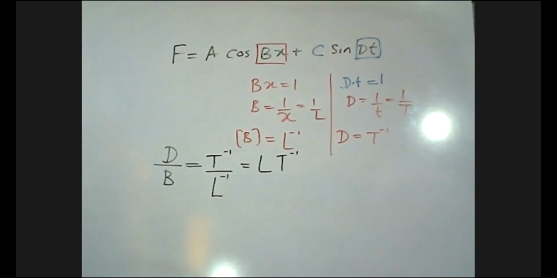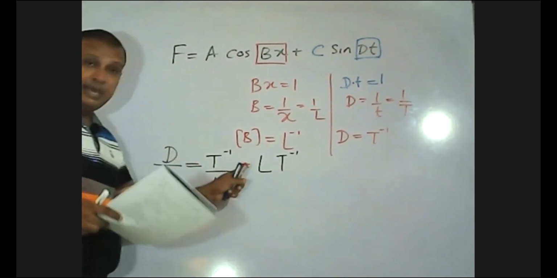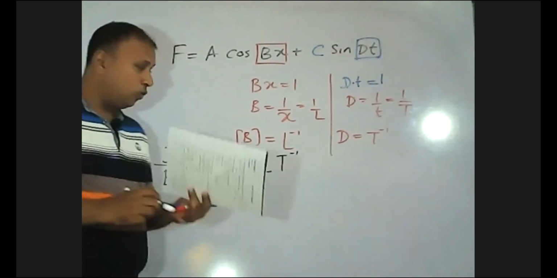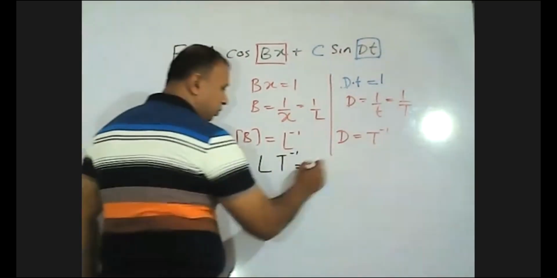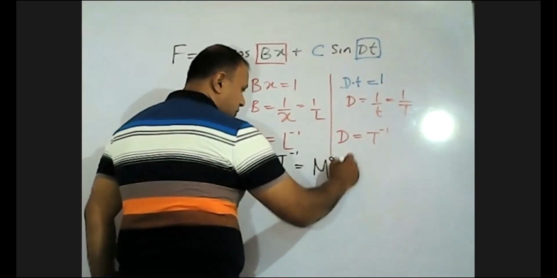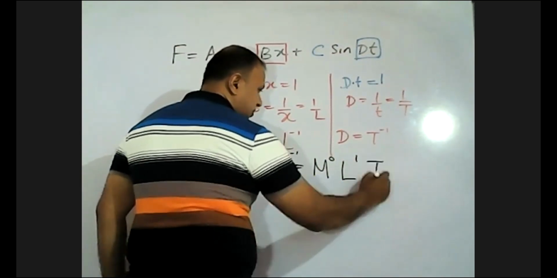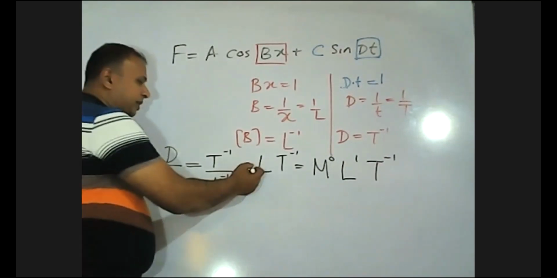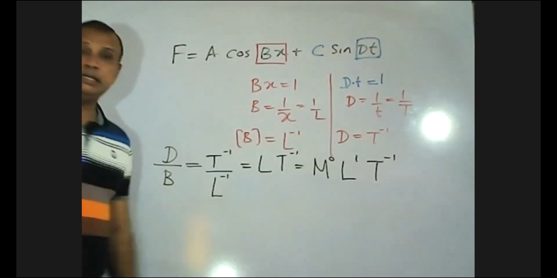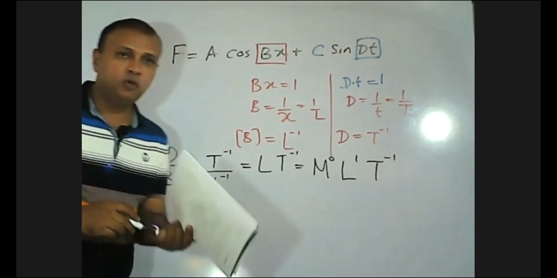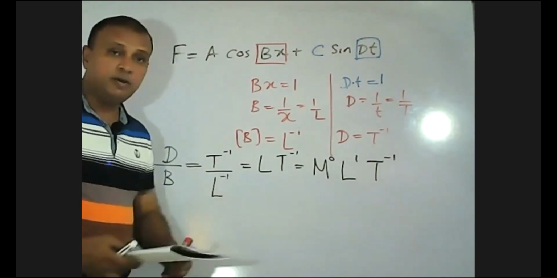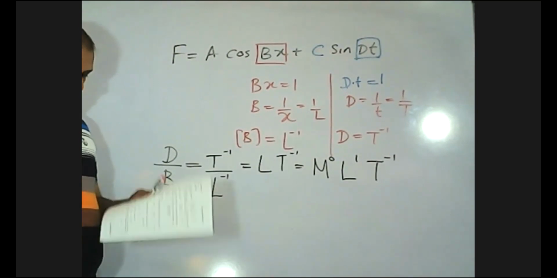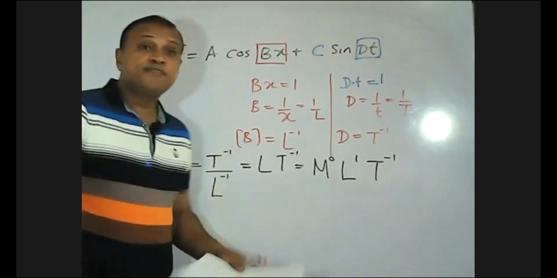There is no M value, which means the power of M is equal to 0. So this is M to the power 0, L to the power 1, T to the power minus 1. As there is no M value, I can write it as M to the power 1 equal to 1. Then the answer is the fourth one.